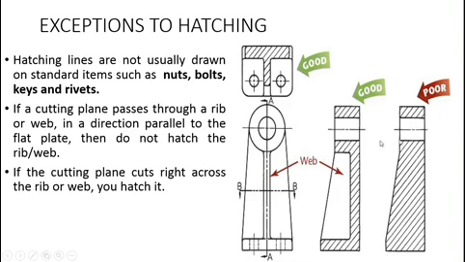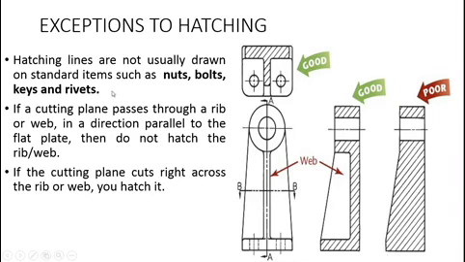On this last drawing here, it is hatched everywhere, the whole drawing has been hatched. This is a wrong way of doing it. Make sure that you follow these two guidelines in regards to ribs.